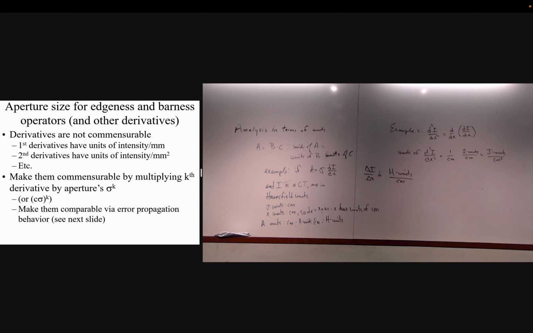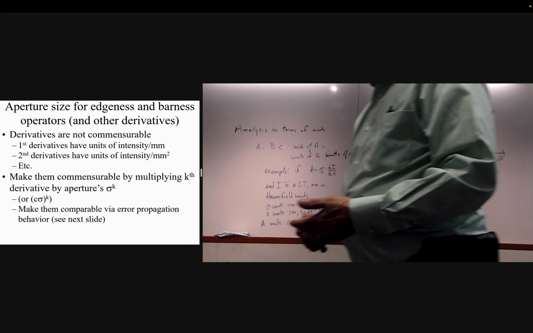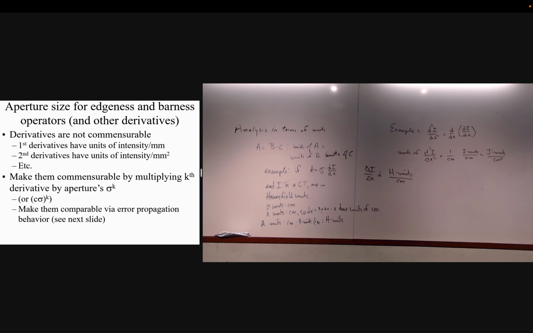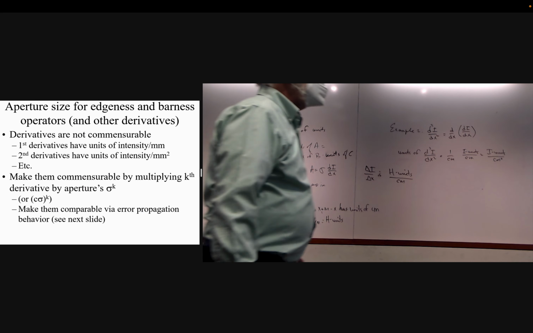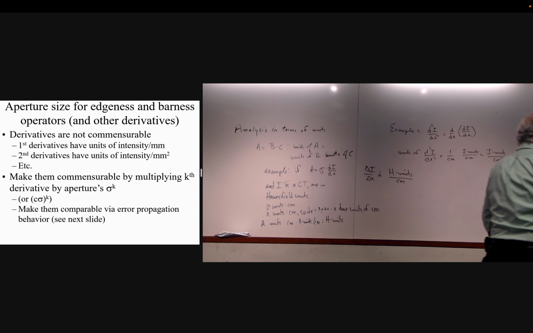Likewise, it doesn't make sense to compare noisy derivatives over the order of the derivative. That is to say, to compare errors in first derivatives to errors in second derivatives, because they're not in the same units. They're so-called not commensurable. Okay? So we need to make them commensurable before we can talk about them.